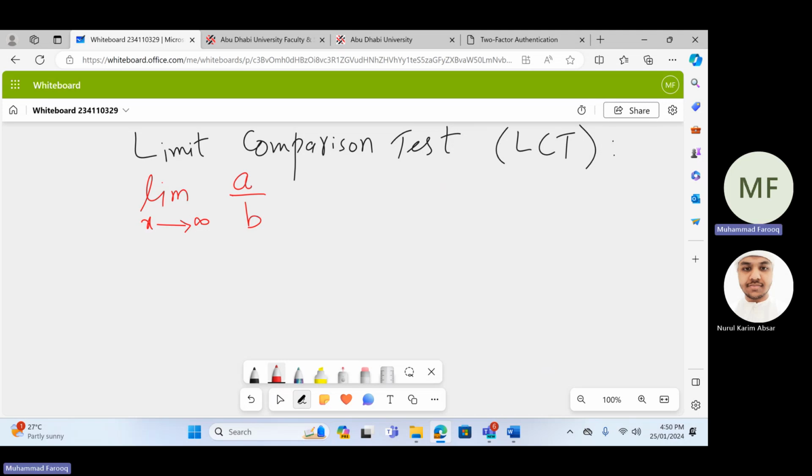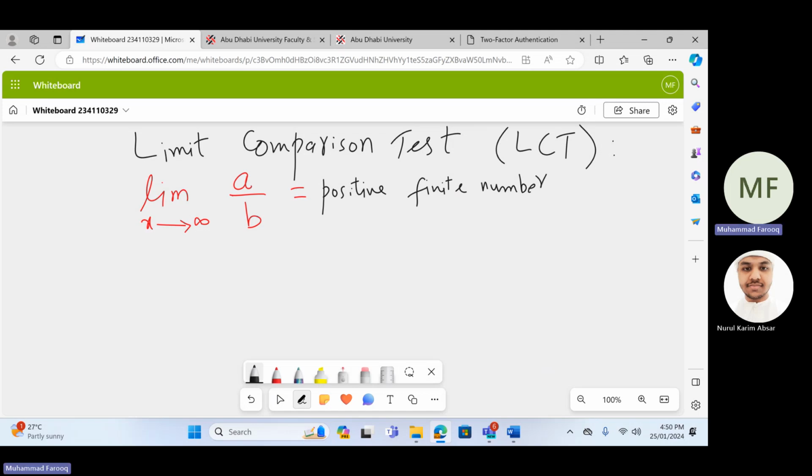Now, if the answer is a positive finite number, finite means not infinity, okay? Positive finite number.